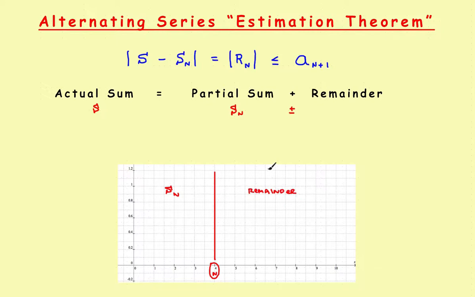But now, what is this remainder? This is where it's a cool trick on the alternating series if it's a convergent series. You want to know the sum of all of these remaining terms.